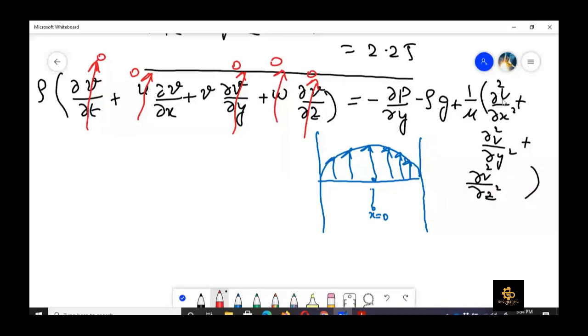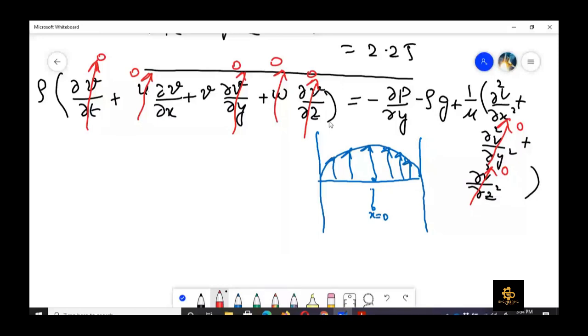Now partial square v upon partial x square would be non-zero because the v velocity is changing in x. But partial square v by partial y square would be 0 because the first derivative was 0, and partial square v by partial z square is 0 because there is no change in velocity out of the board.